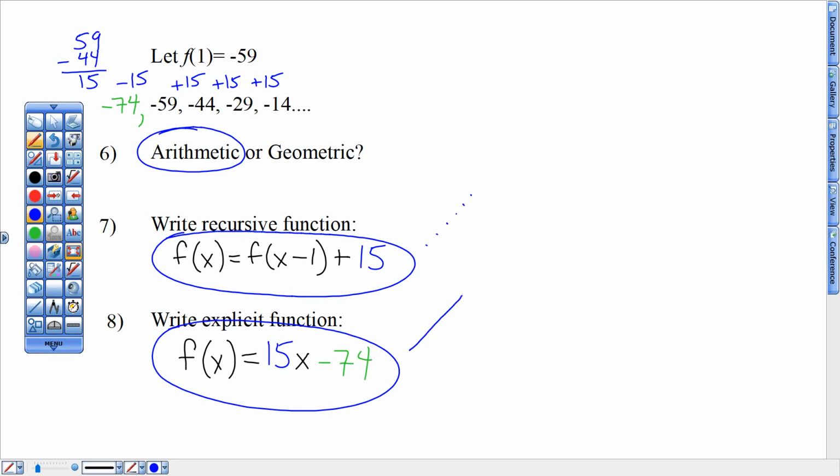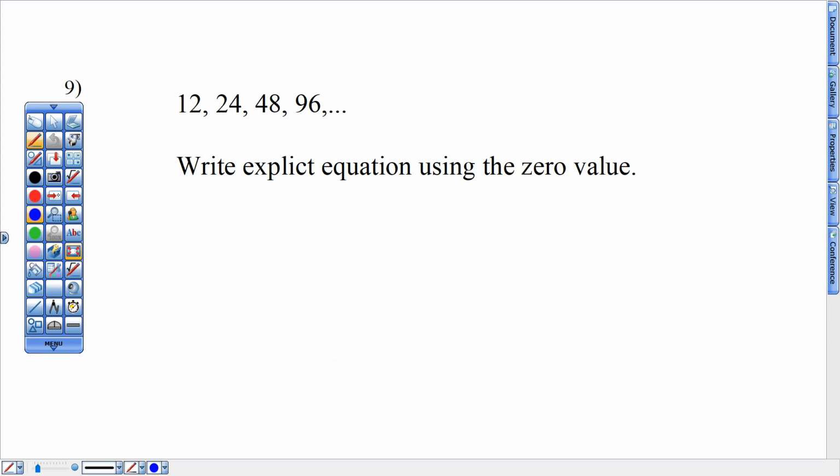All right, moving on. This guy, they want you to write the explicit equation using the 0 value. So here I go. If you don't know what's going on here, take those two numbers, divide them, and you'll see what you're timesing by right there. I'm timesing by 2, timesing by 2, timesing by 2.